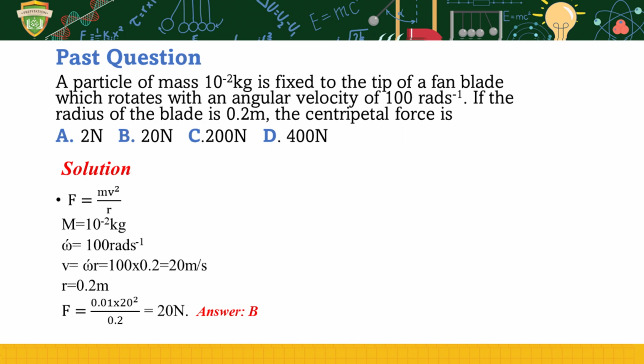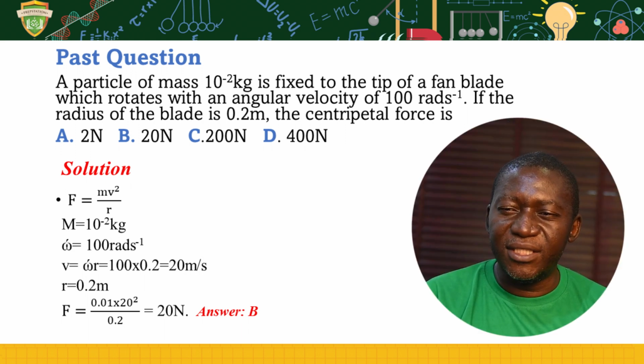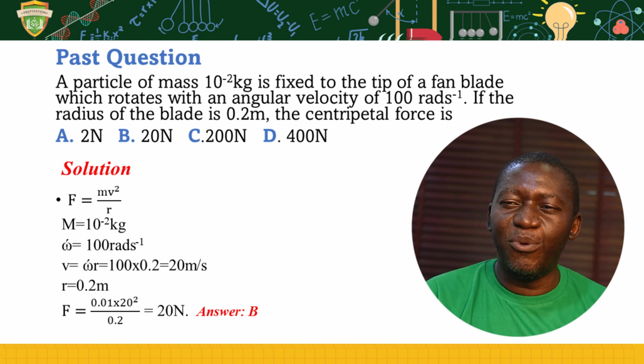If we substitute all these parameters into our equation, F = mv squared over r, we have 0.01, that is 10 raised to power minus 2, multiplied by the square of the velocity divided by 0.2. That will give us 20 newtons.